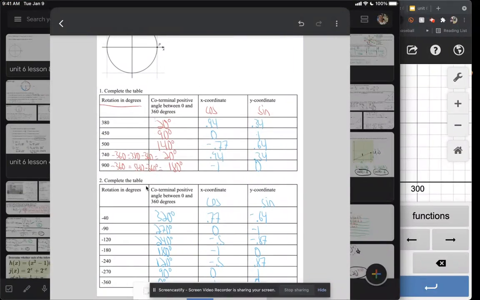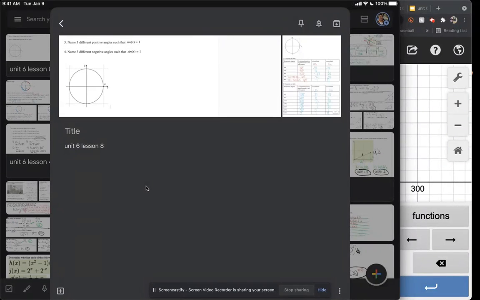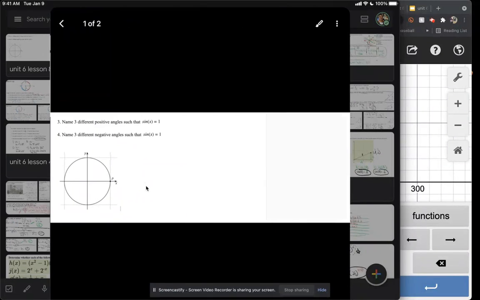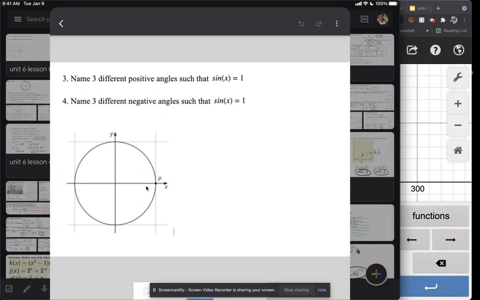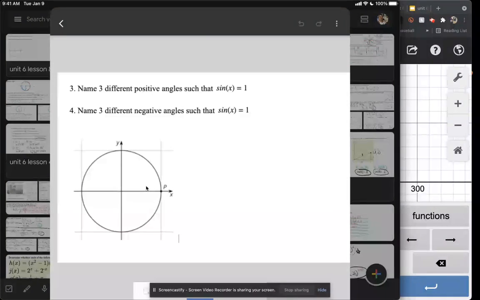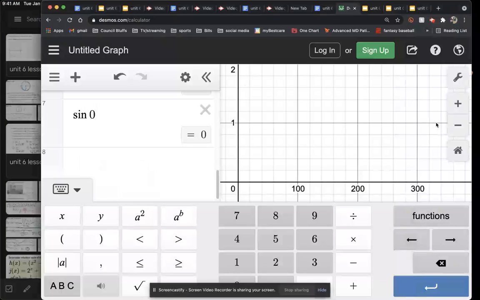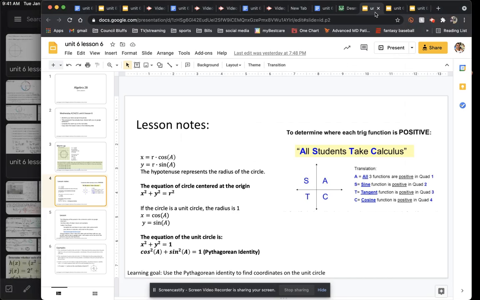Okay, so now let's go to our second set of examples. Name 3 different positive angles such that sine of x equals 1. If I assume that this is a unit circle, and I go back and look at my past lesson notes, sine, remember, goes with y.